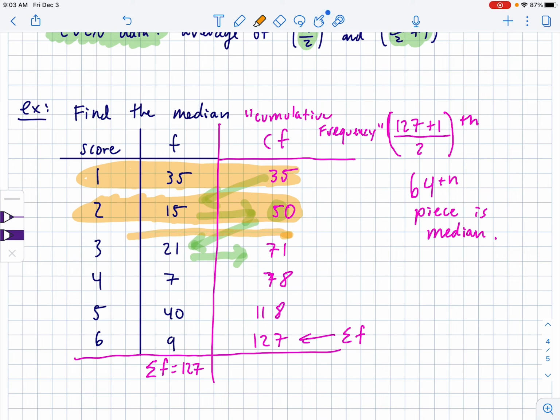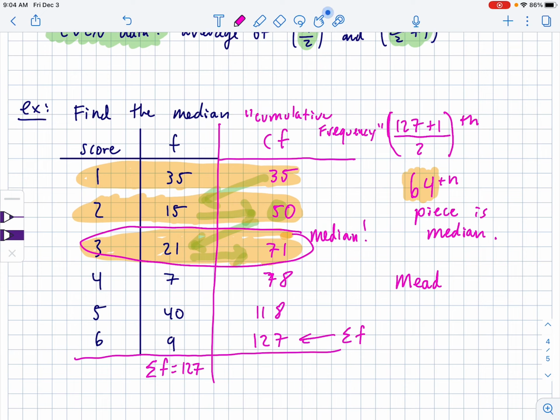Then the 51st piece of data all the way through the 71st are 3s. Now 64 comes after 50 and before 71. So we know that the median is here. So the median is 3. Whoa, spell it right.